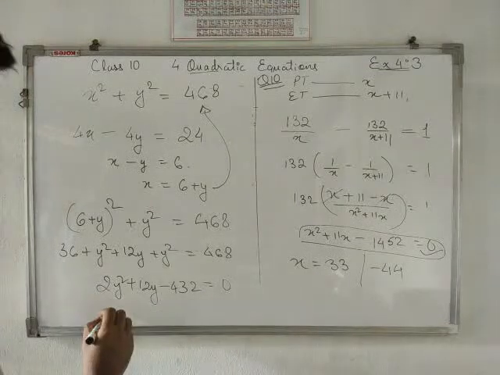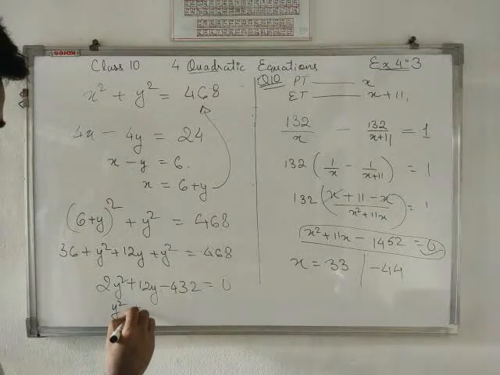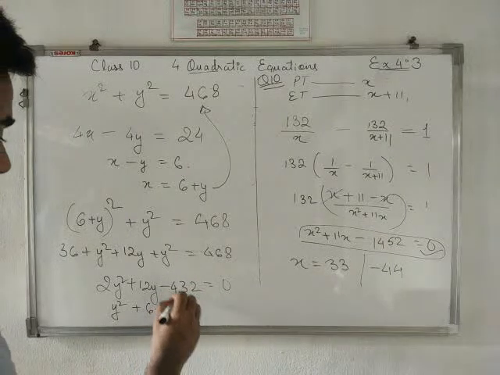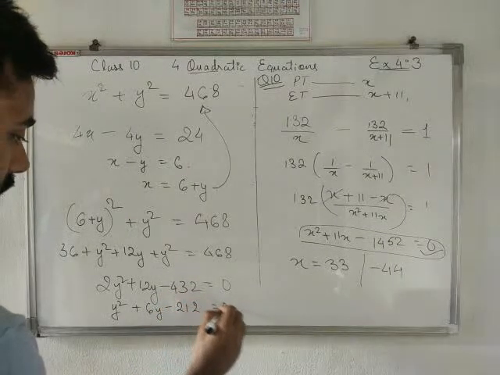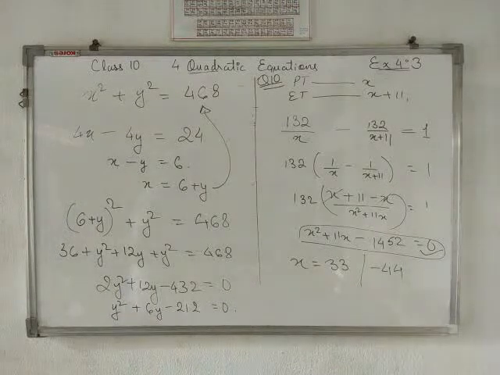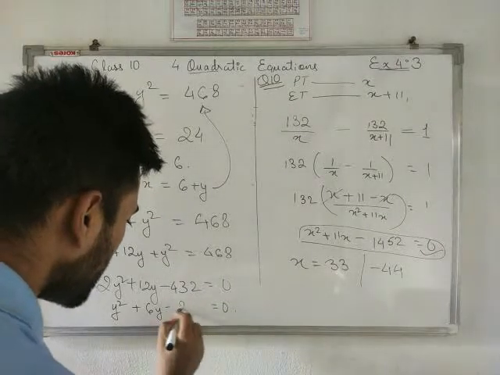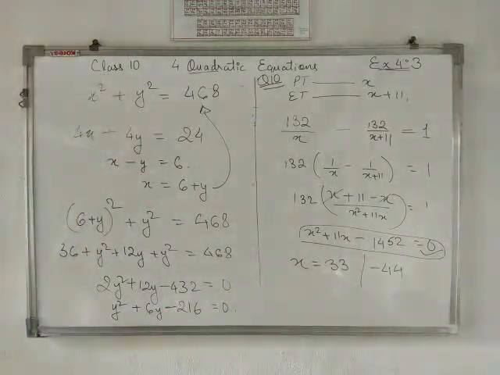Again we can simplify this equation further: y square plus 6y equals 2, 1, 2. So this is my final equation. Let me check it once. 216, not 212. This is 216. So yes, it is correct.